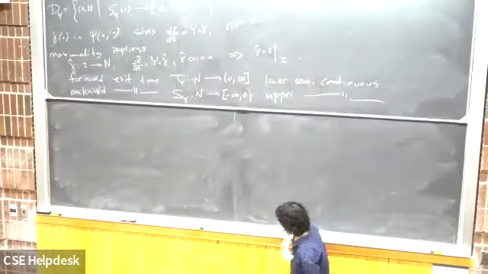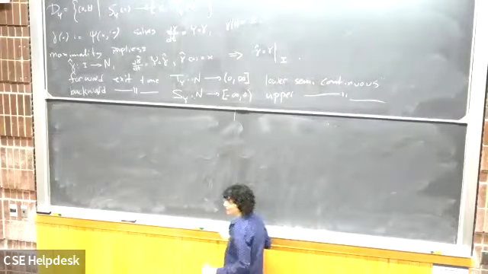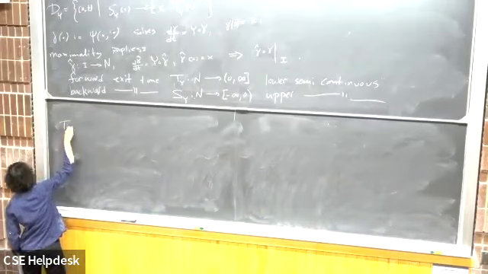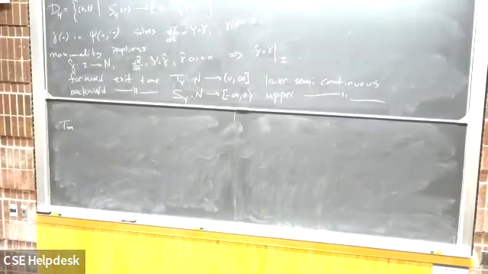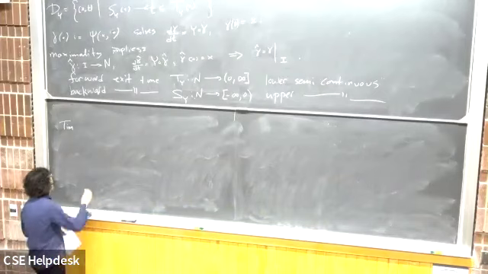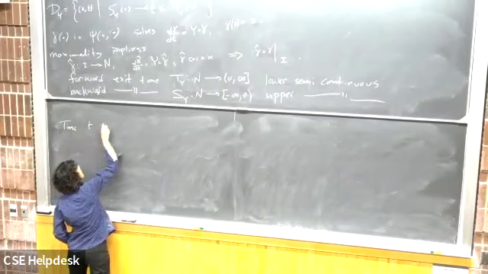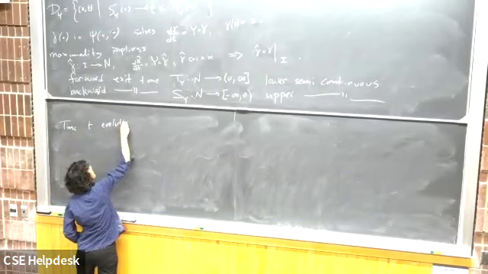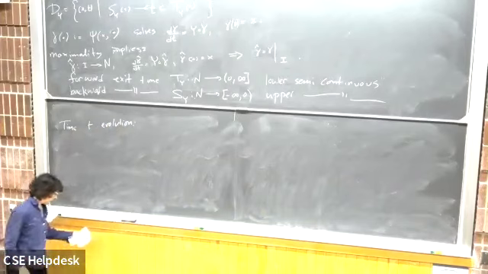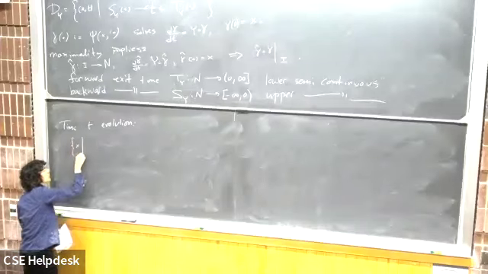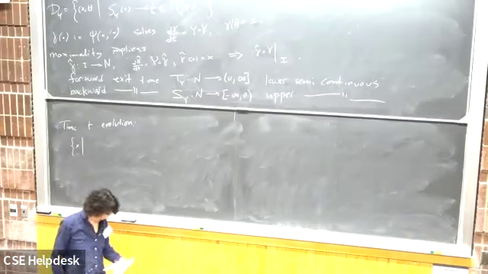And that the smoothness of the flow, smoothness jointly in both the manifold and time parameters, but in particular, when you fix the time parameter, you get the time-t evolution, and this now becomes a diffeomorphism between open subsets of your manifold.